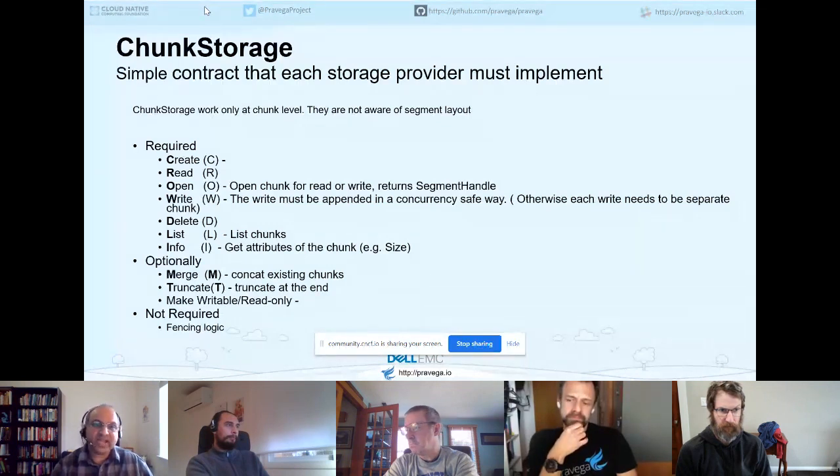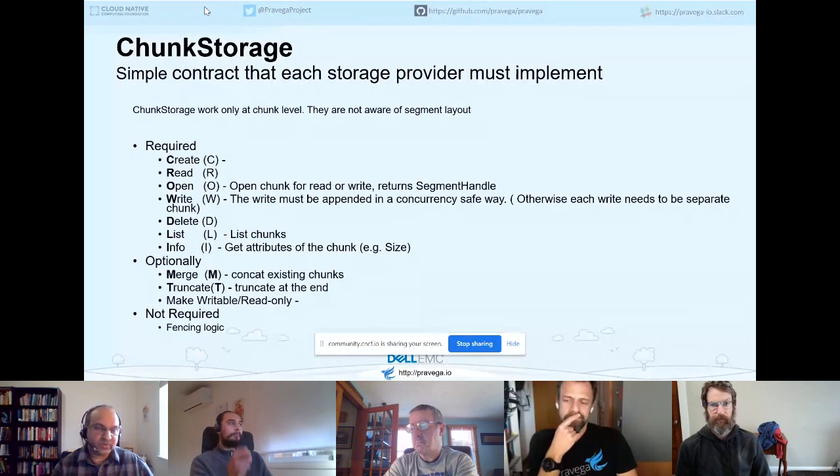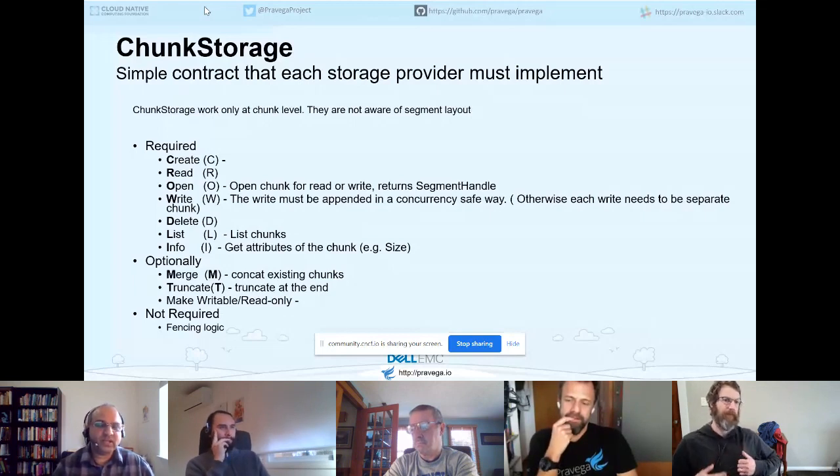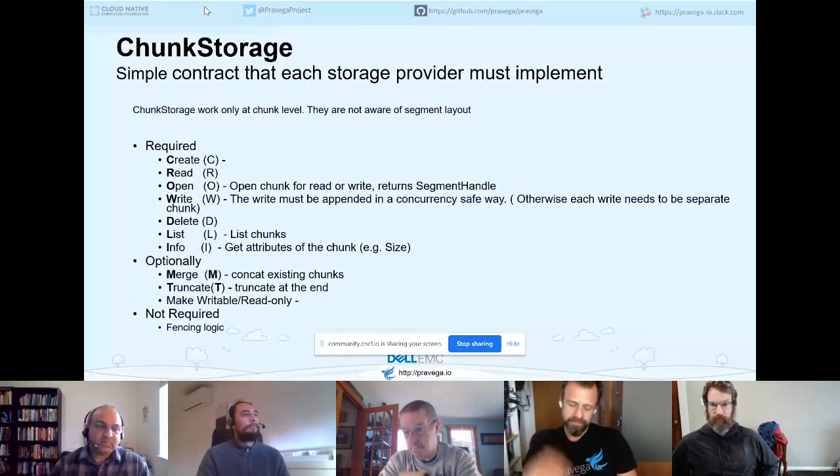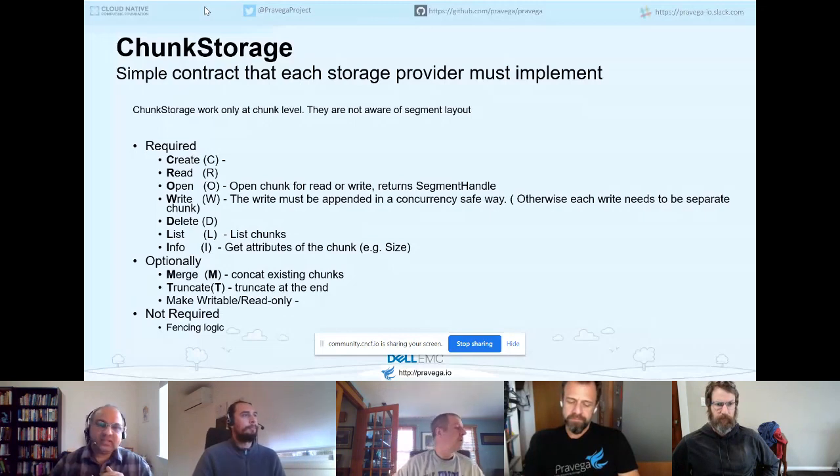The API for chunk storage is essentially a very simple CRUDL API: you need to be able to create an object, read an object, open the object for read or write, delete the object, and list the objects. You get attributes like the size of the object. Optionally, you can merge two objects, truncate the object at the end, or make it read only. Again, the API is very simple. All the complexity is gone.